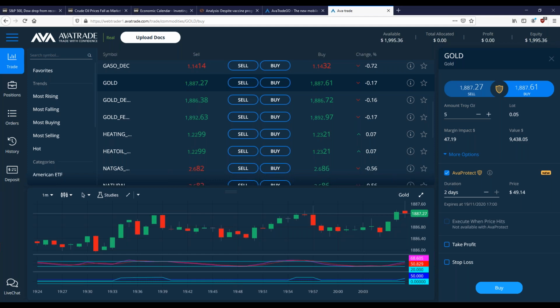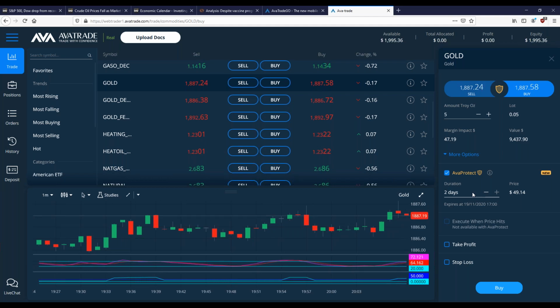So you could do long-term trading. Only $49 for protection on 5 ounces. The way gold moves, not only could it move enough to cover that cost in 1 day, but we've got 2 days coverage here. I've seen gold move enough in 1 hour to cover that kind of cost. So it's a nice tool, especially if you expect volatility, to put protection on your trades.